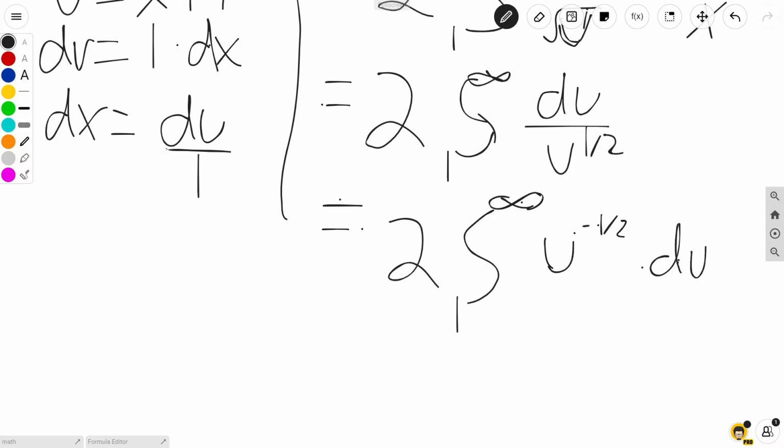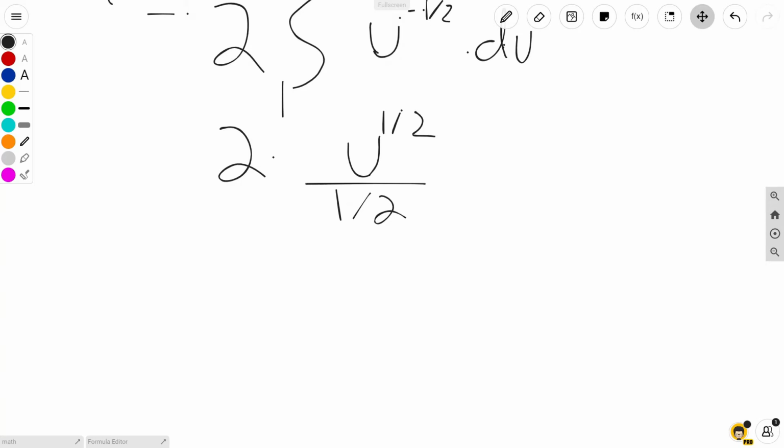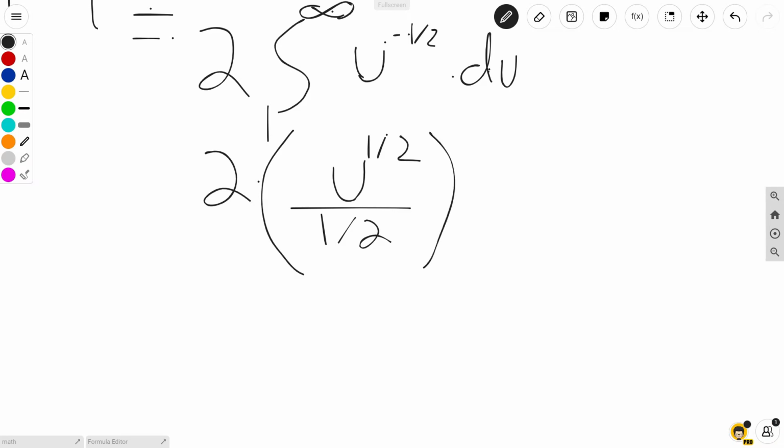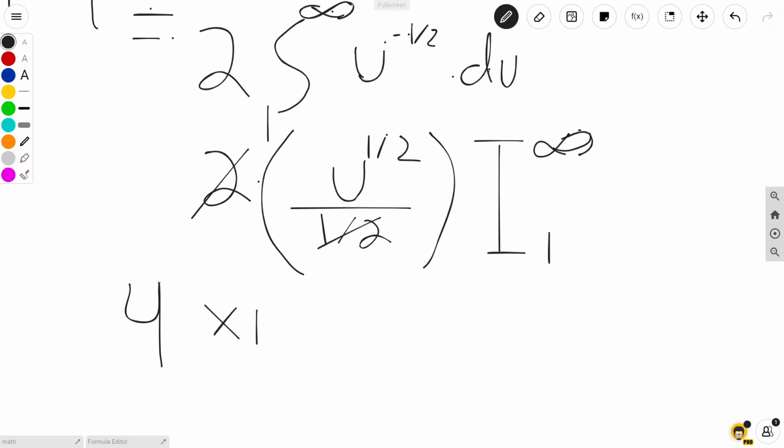So we add 1/2 and we divide by the same number, times 2. And then this term is bounded from 1 to infinity. So the next step is we simplify the constant. So we get 1/2 times 2, we get 4. And then u to the 1/2, what was our u? Our u was x plus 7, to the 1/2.